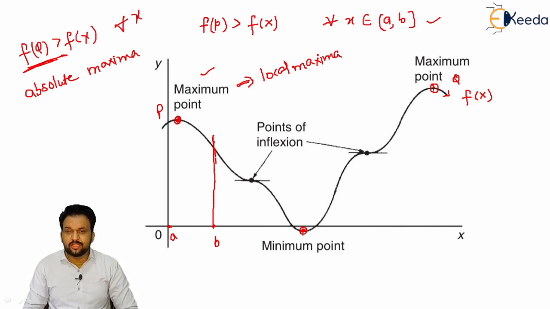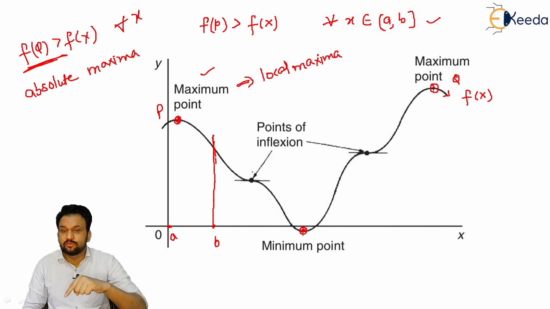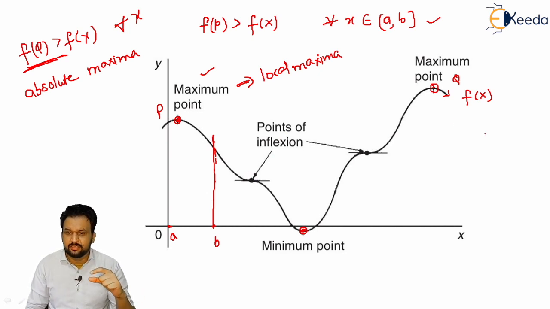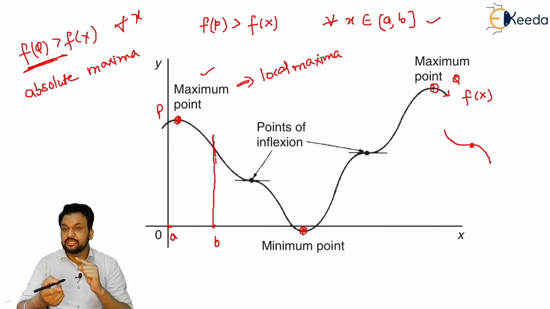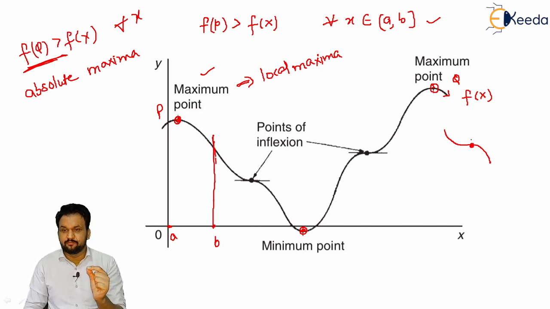So my dear friends, the point of inflection is where your function is turning, like from increasing to decreasing, such kind of things. Like if your function is moving like that and somewhere it's moving like that, that turning point, where the function's behavior instantly changes, is known as the point of inflection.